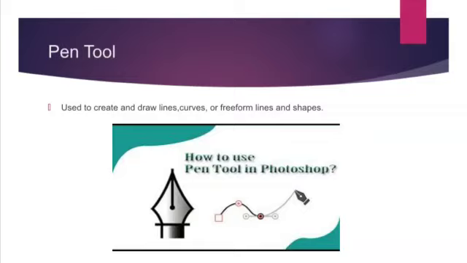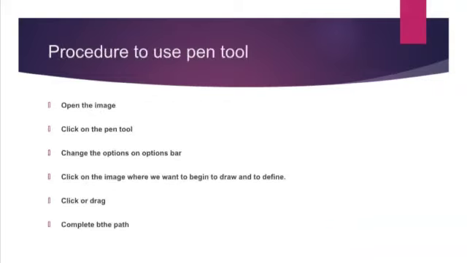The procedure while using the pen tool is: open the image and click on the pen tool and change the options on the options bar. Automatically the options bar window will be displayed. Here we can click on the image where we want to begin to draw and also to define the first anchor point.